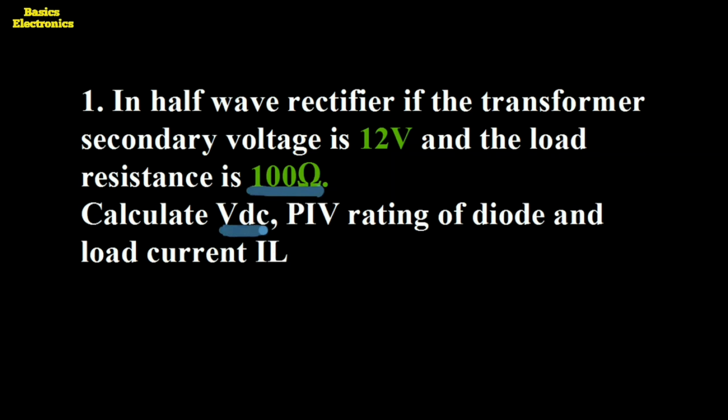We have to calculate the VDC, the PIV rating of the diode, and the load current IL. The transformer has a secondary voltage of 12 volts. The load resistance of 100 ohm is connected.